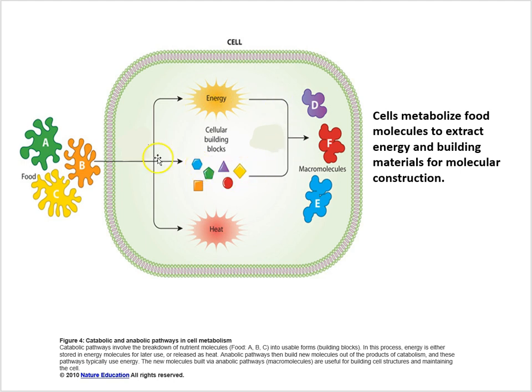So this is what we mean by metabolism. Almost half of metabolism is extracting the energy from food and getting the raw materials ready to do construction projects. That's the other half of metabolism, doing the building process. So we've got cells extracting energy from their environment and using that energy to build important molecules in the cell.